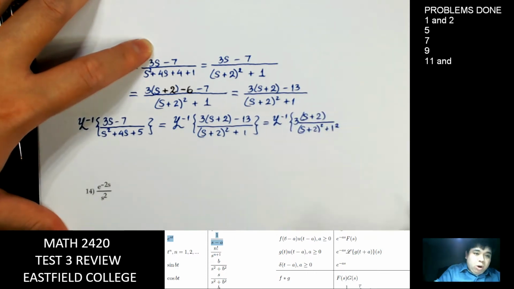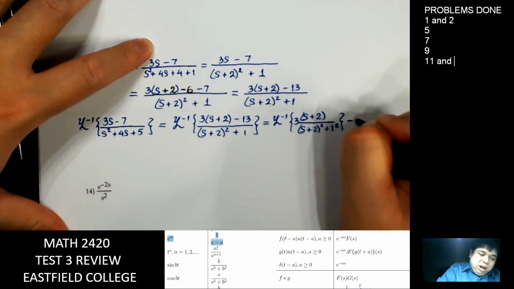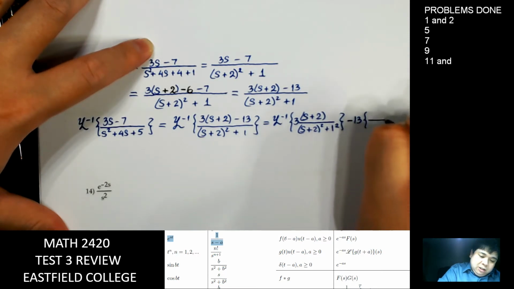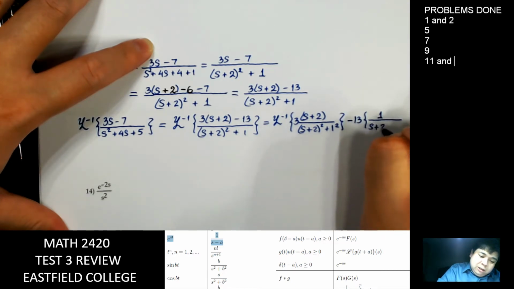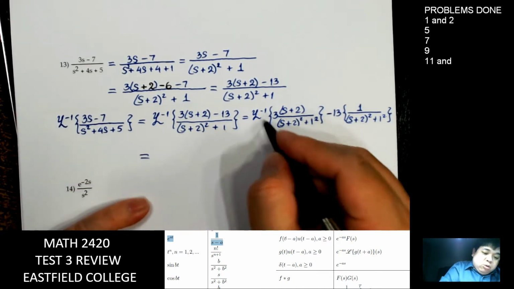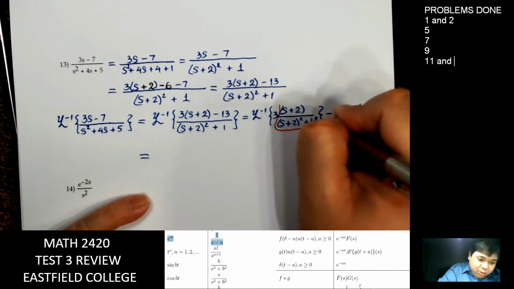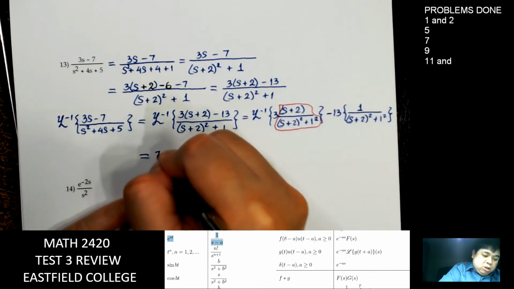One you can write like 1 square, and then just say minus, pull out the 13. So I have that. Now the inverse transform of this part, the constant in front doesn't really matter. We can just write 3 in front of it.